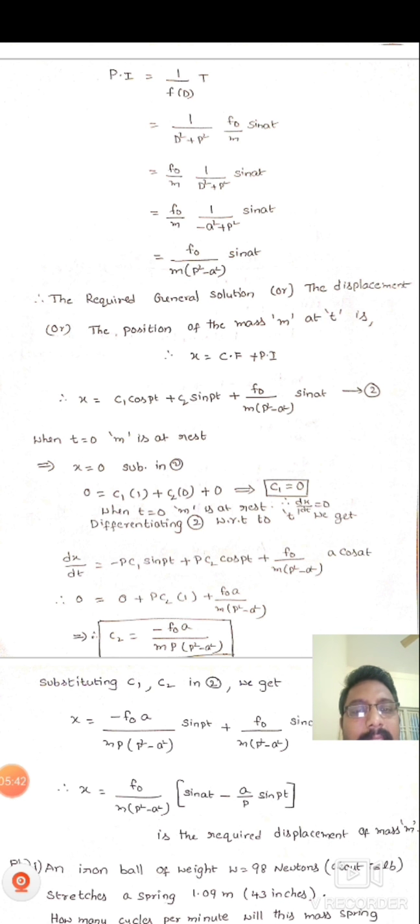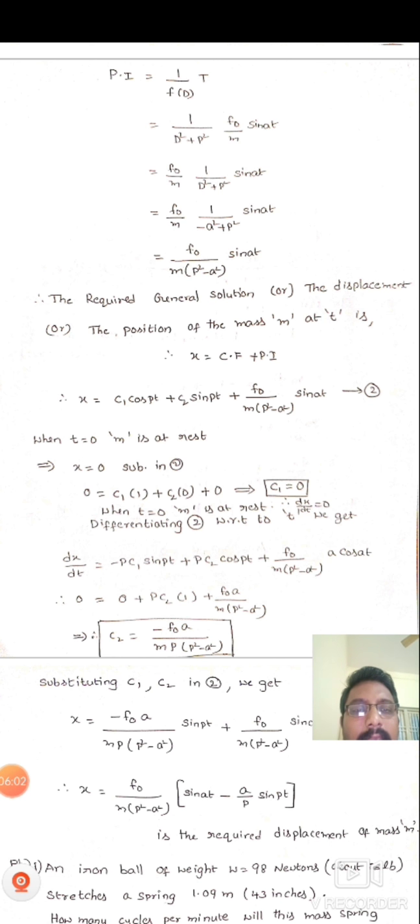Since when time is 0, the mass m is at rest, that means there is no velocity, so the value of dx by dt is 0. Because the displacement, while differentiating with respect to time, gives velocity. The mass m is at rest, so dx by dt value is 0.